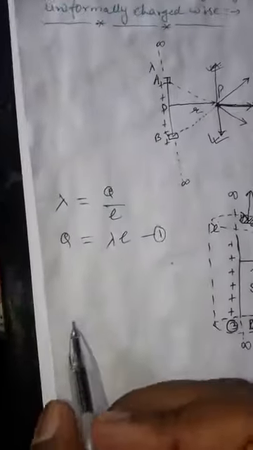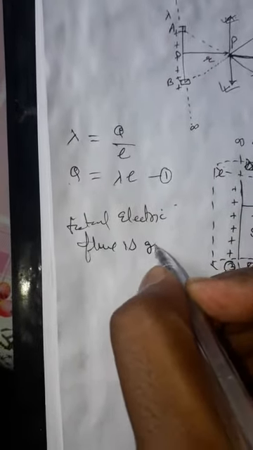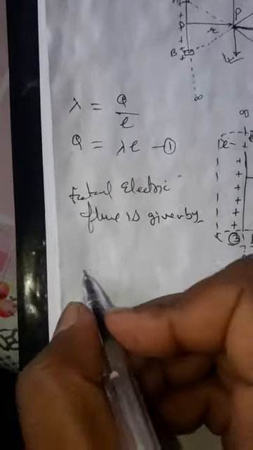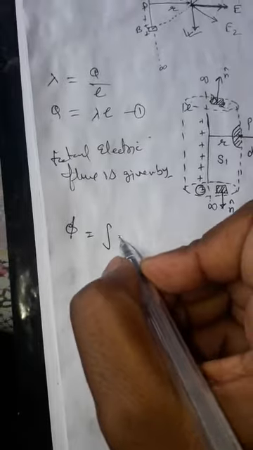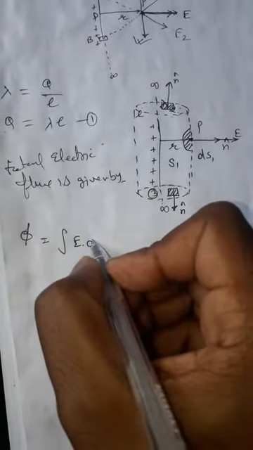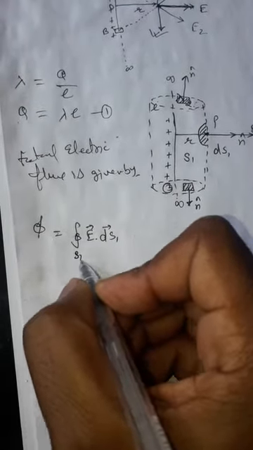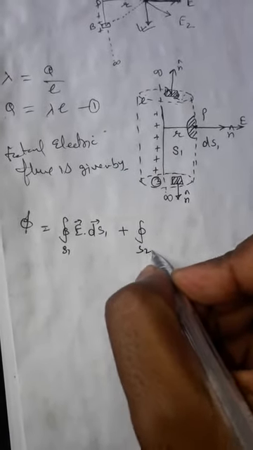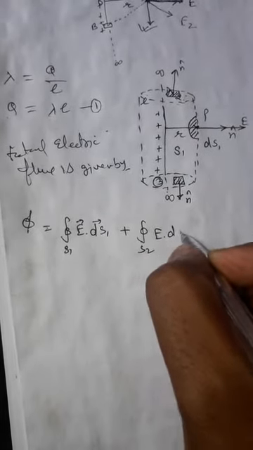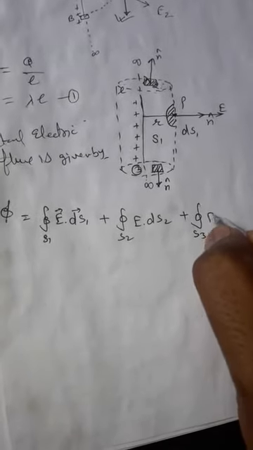So here, total electric flux, if represented by phi, is the surface integral of electric field due to the first surface, that is E dot ds1, plus the electric flux due to the second surface, E dot ds2, plus the electric flux due to the third surface.